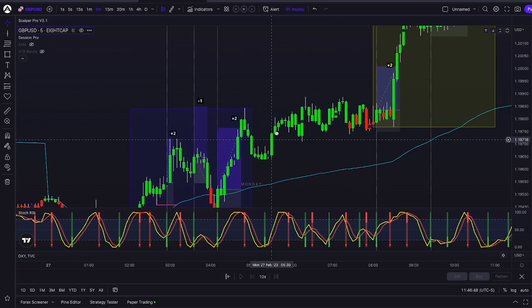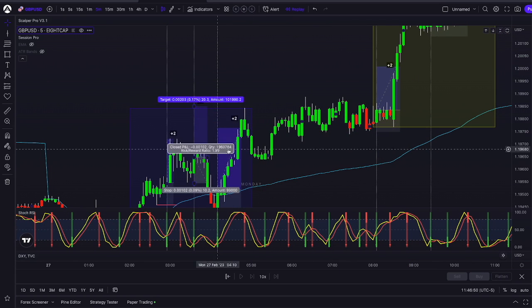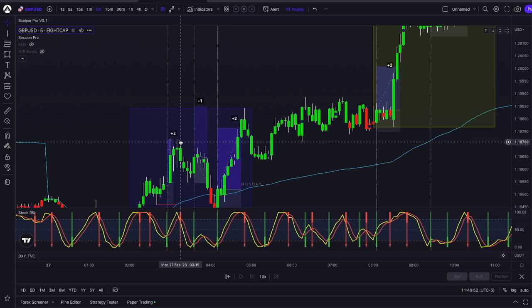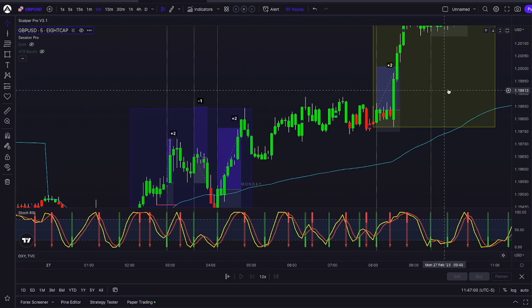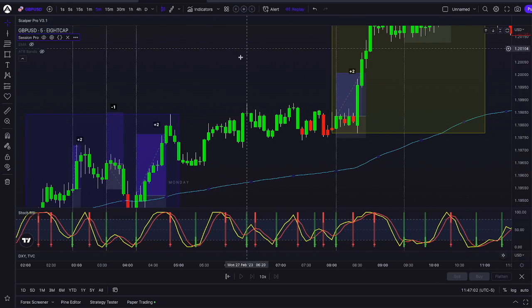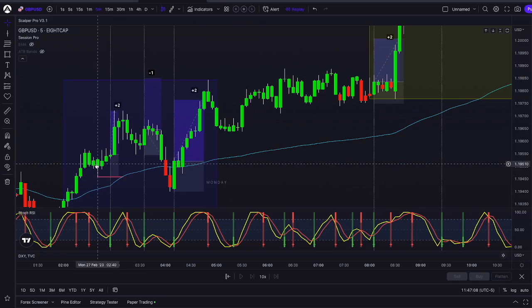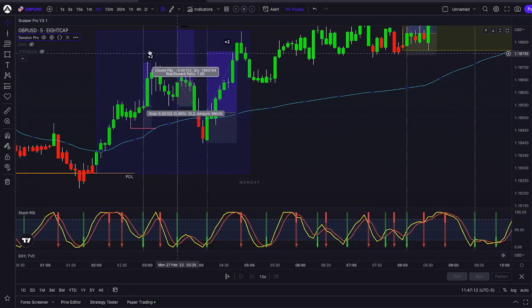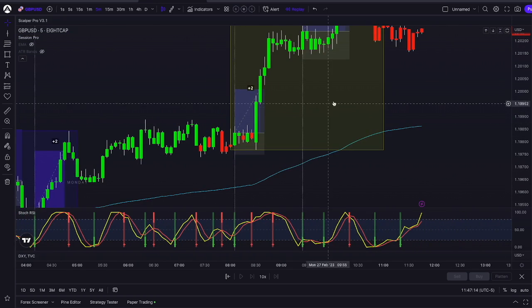And right now we are looking at a net profit of 5% on the British pound US dollar. 2 plus 2 plus 2 is 6% net profit minus 1. So that would be 5% net profit for the day, with only taking 4 trades that are very simple to take, and you don't have to sit in front of the charts for multiple hours, only during a very specific time window.